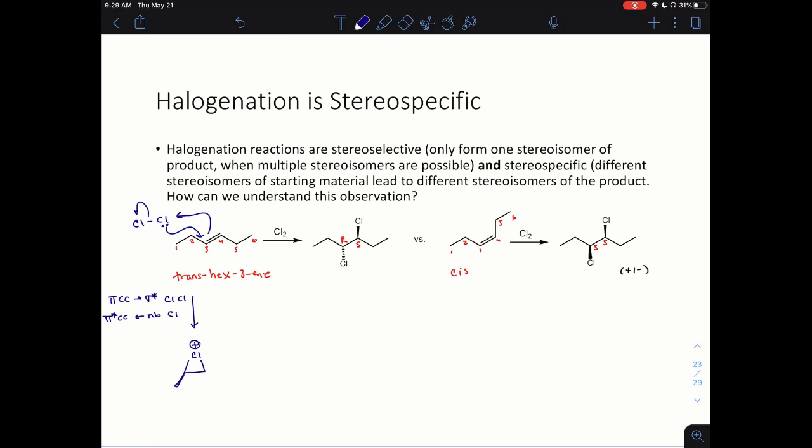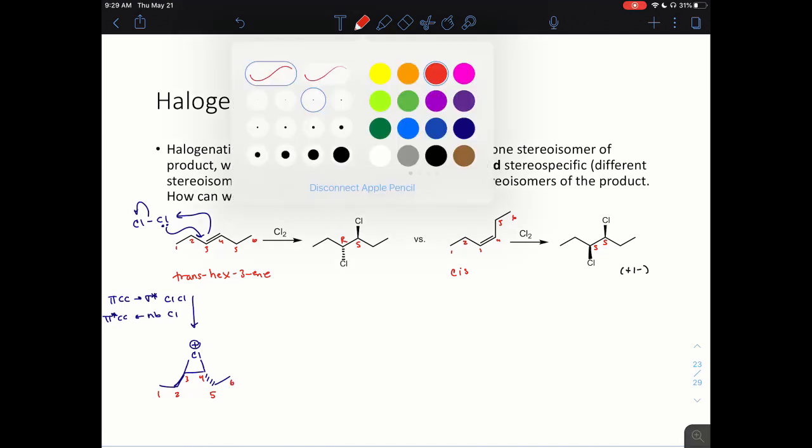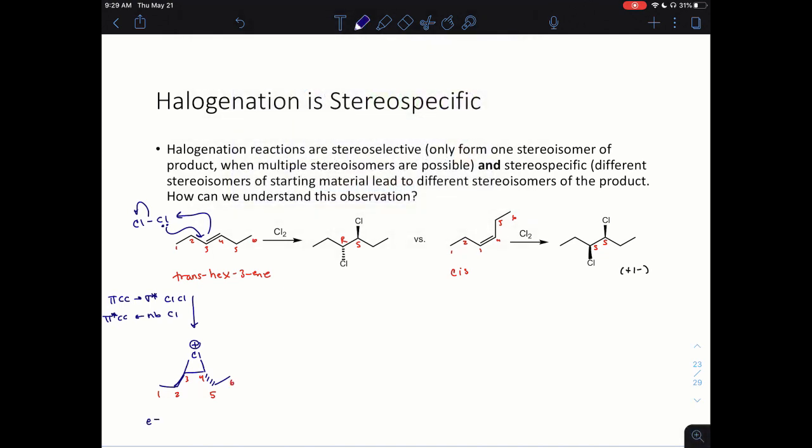And that chloronium ion, because the two bonds are formed at the same time between the carbons of the alkene and chlorine, will preserve the stereochemistry of the starting material, which was trans. So I have those two alkyl groups trans to one another. Chloronium ions are electron poor.